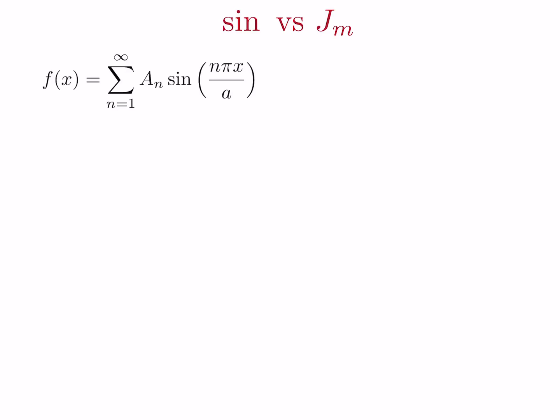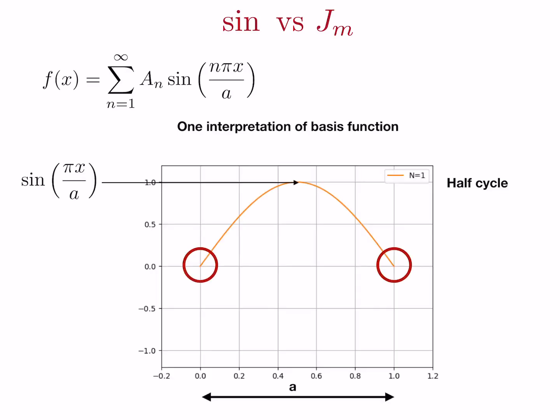When we expand a function in Fourier series, we use either sine, cos, or combination of them. For simplicity, I use only sine function. Rest is very similar.